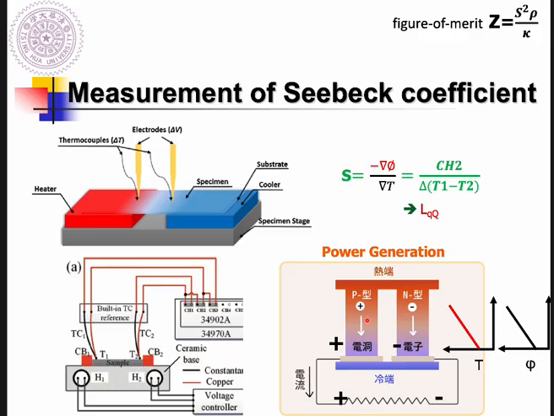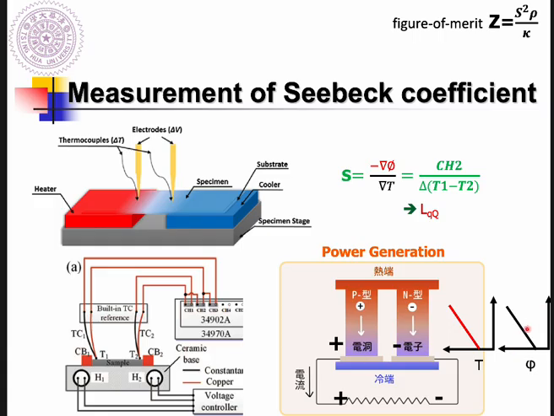But for P-type materials, the electrical potential gradient will be different because the major carriers, the holes, accumulate at the bottom, pushed to move to the bottom.